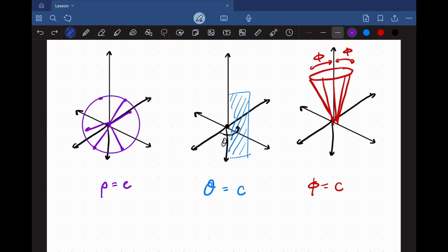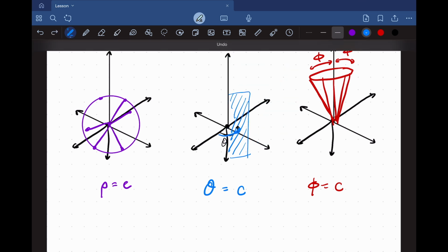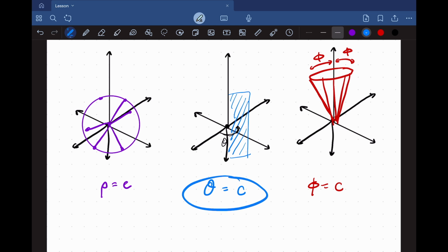So with spherical coordinates, obviously, you can make a sphere, because you can define rho as a constant, and every point equidistant from the origin would be a point on that sphere. But you can also define a plane. Using the second parameter, theta, we can define a plane that's all points that are angled theta away. So everything on this side would be part of that plane, and we can define it with just a single constant.